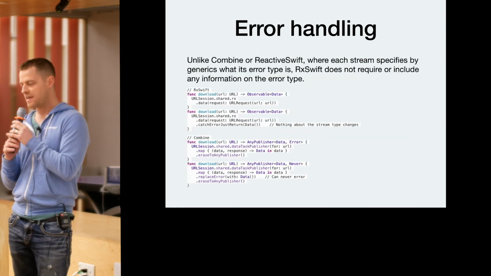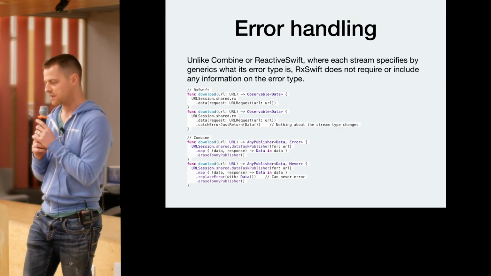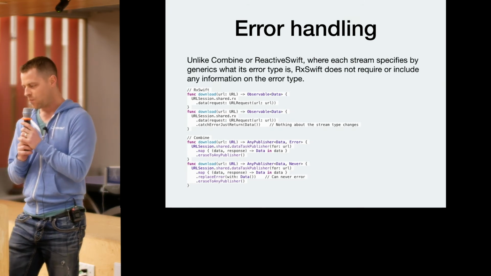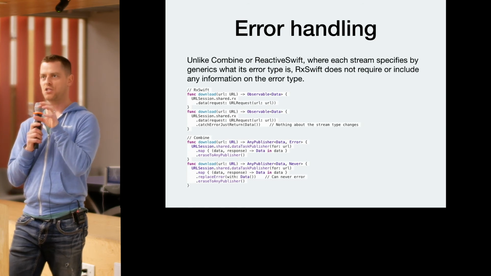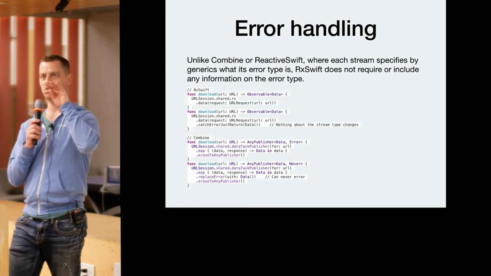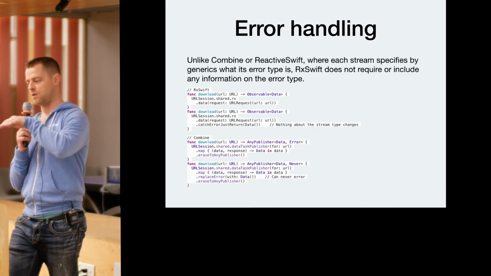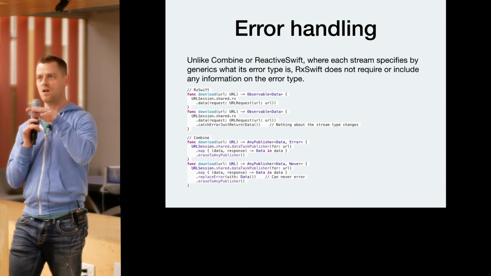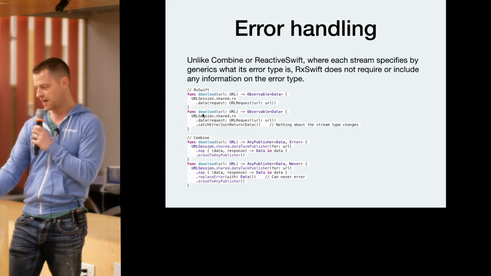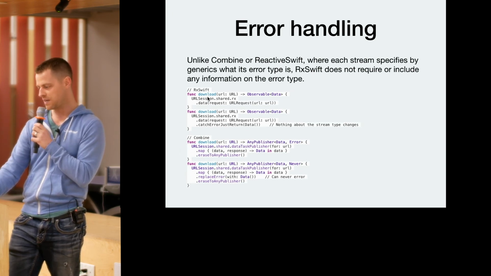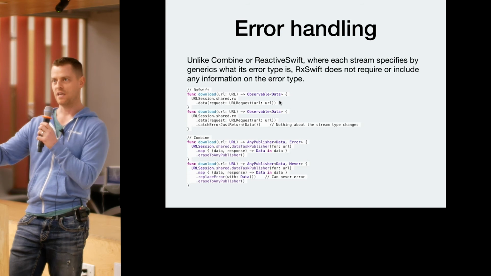So let's compare that to Combine, or ReactiveSwift that Combine is derived from, where the error type is genericized. The stream is genericized over the data and the error, whereas in RxSwift, it's not. It's just not part of the typing at all. So in RxSwift, here's two versions of download. In one version, I just do the networking, so it could error or it could have data.